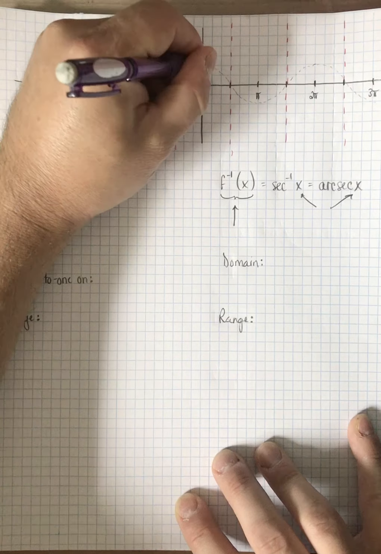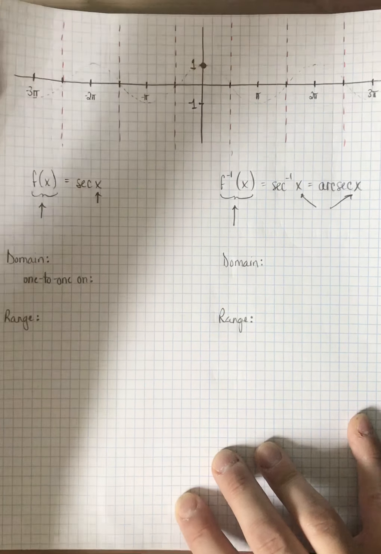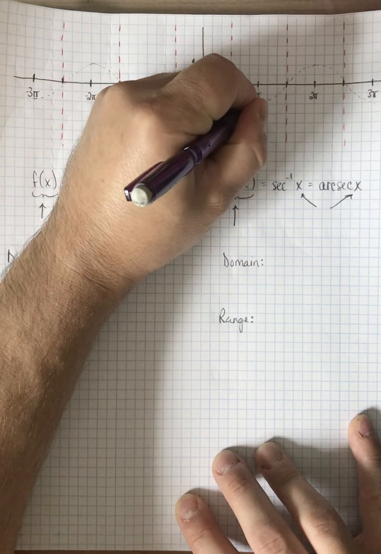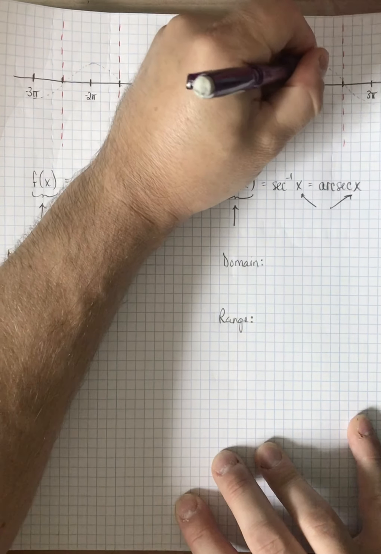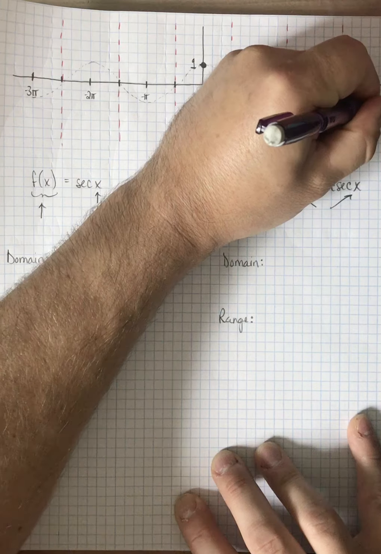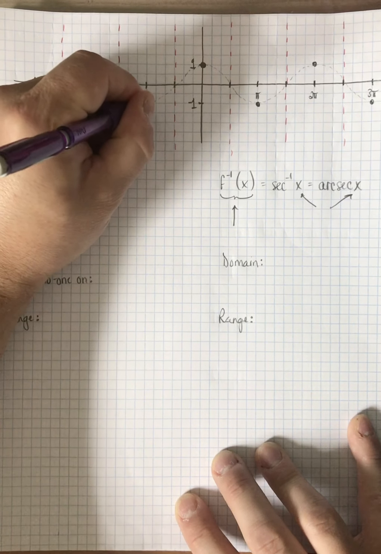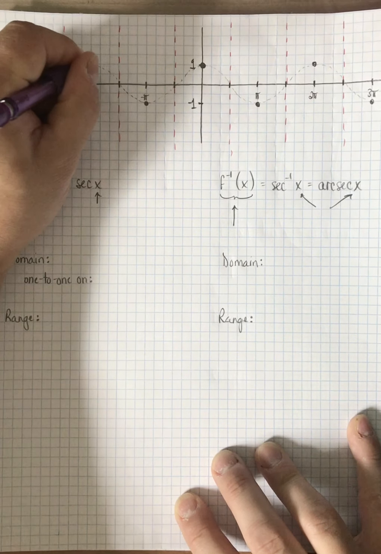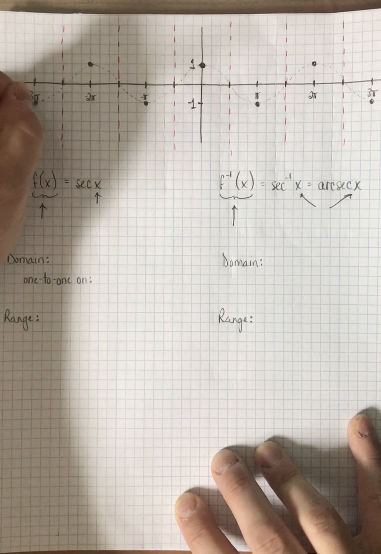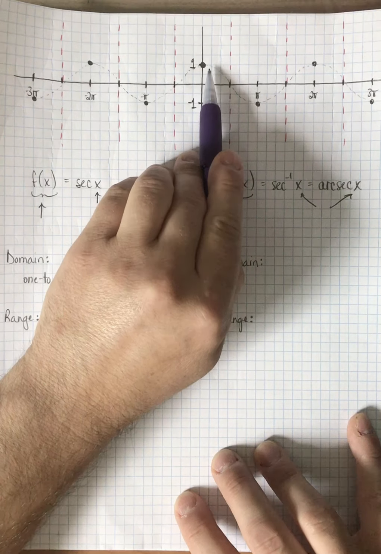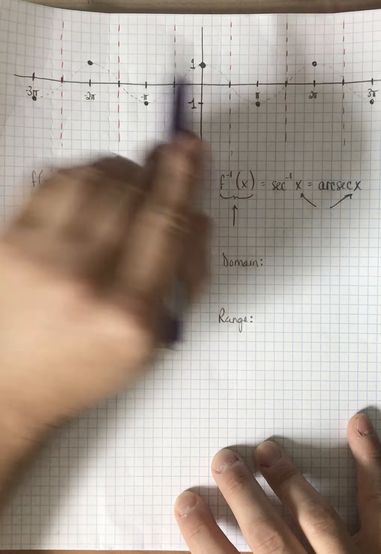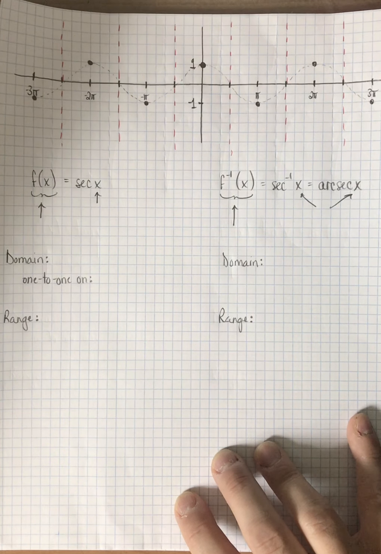So wherever cosine hits its peak or its valley, the secant graph will actually exist at that exact same point. So we start with the easiest points to nail down, the easiest characteristics.